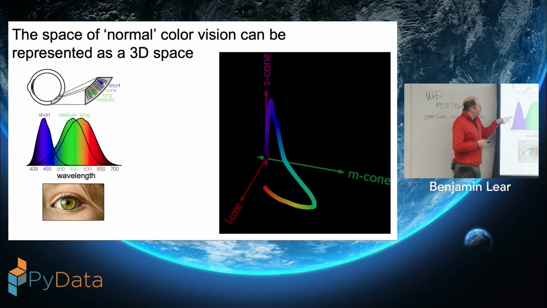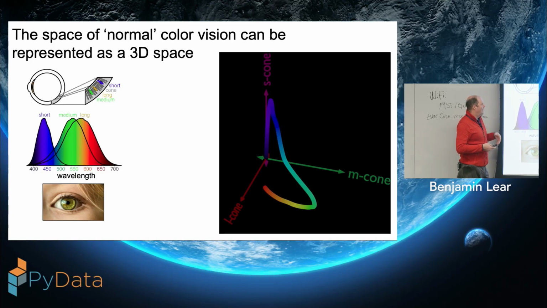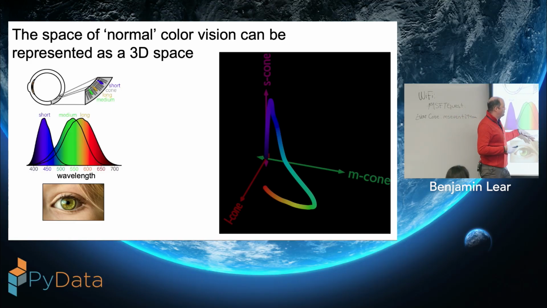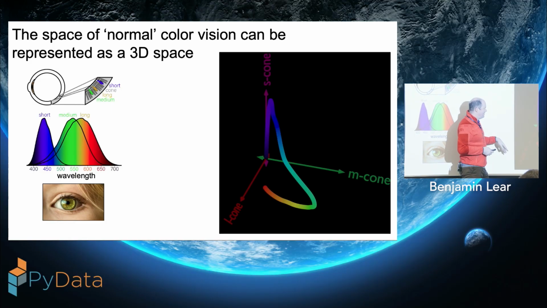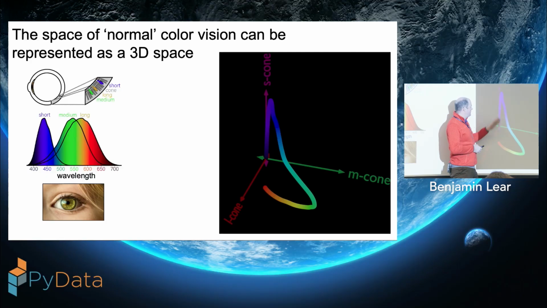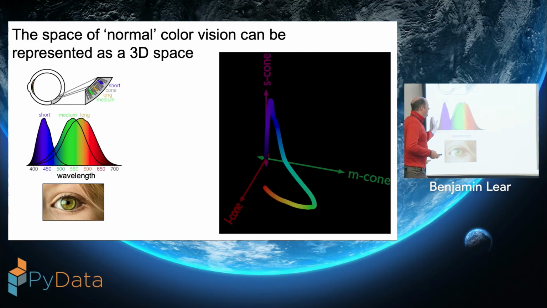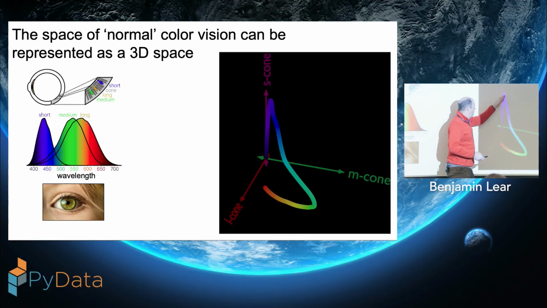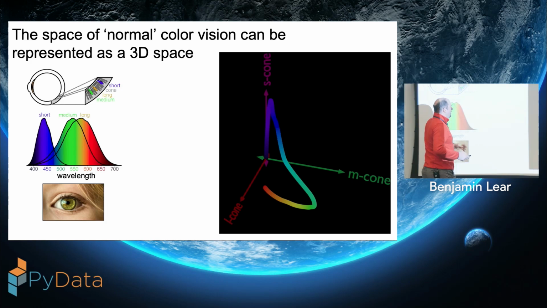So if there's these three cones that sense color, it suggests that color space is three-dimensional. And you could break down the color space as basically a response. I didn't realize this room would be quite so light, but this is the long cone axis, the medium cone axis, and the short cone axis. And if you were to just scan across all the wavelengths, you would outline a color space that looks like this.